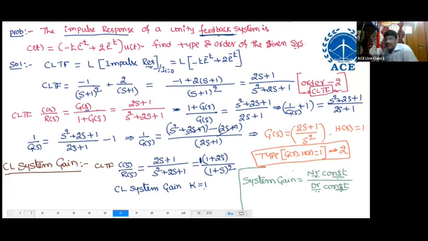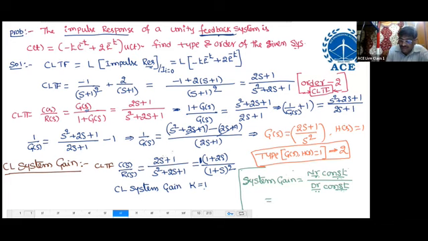So this formula we can apply for open loop system gain as well as closed loop. If you want the open loop system gain, in the open loop transfer function I take numerator constant by denominator constant. If you want the closed loop system gain, I apply this formula to the closed loop transfer function, numerator constant by denominator constant.